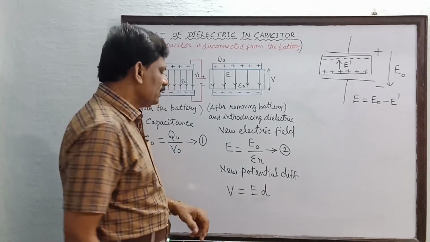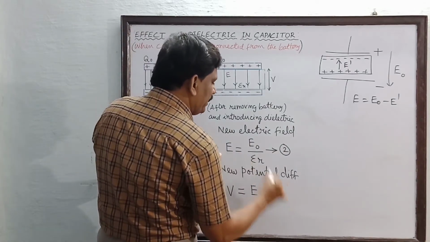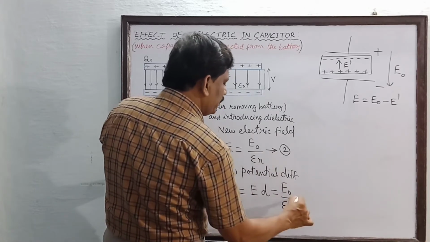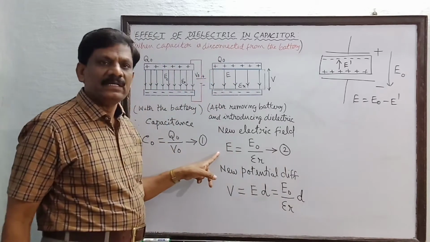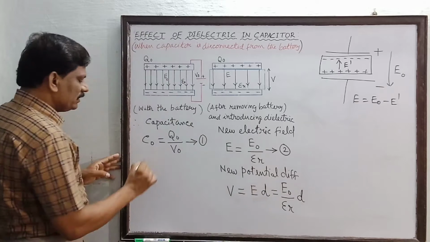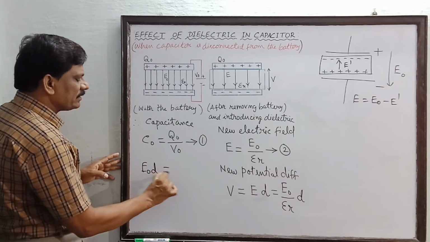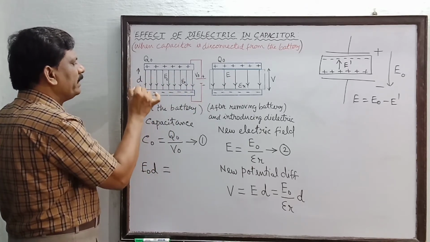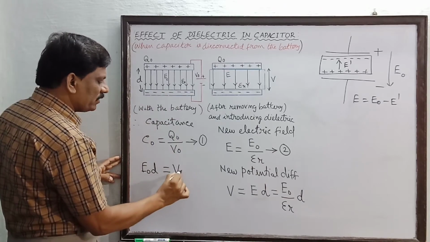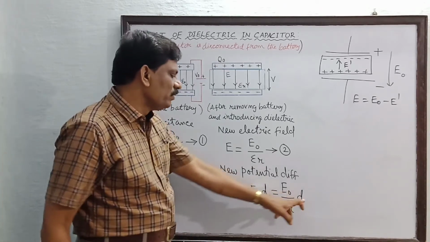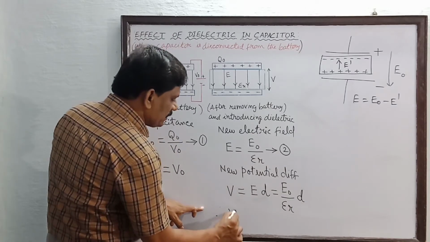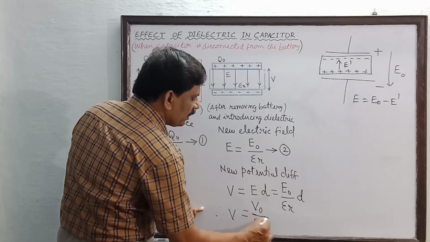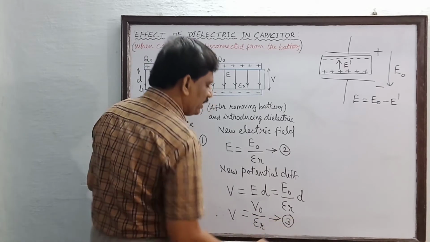So I am going to substitute E equal to E naught divided by epsilon r, into D. But E naught into D, the electric field E naught into the distance of separation D between the two plates, is equal to V naught. So instead of E naught into D, I am going to substitute V naught. Therefore, V is now equal to V naught divided by epsilon r. So this is equation number 3.